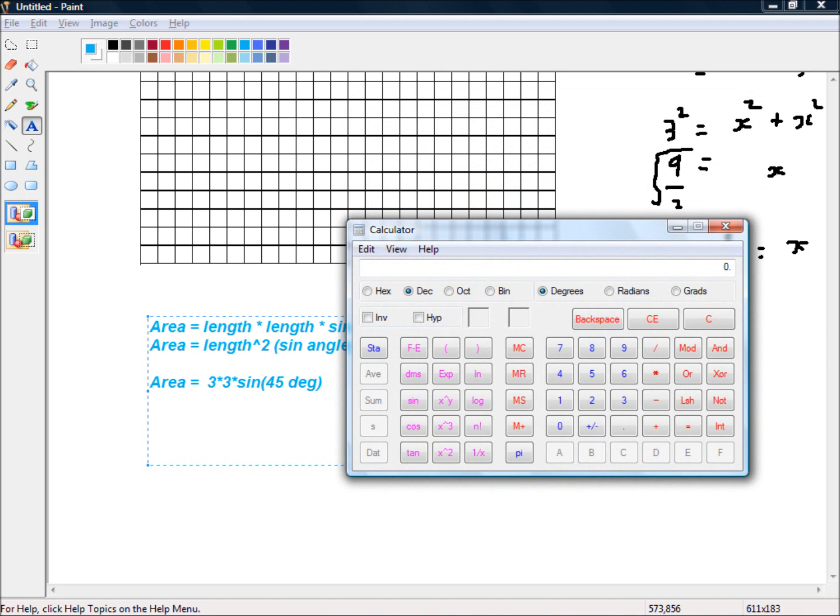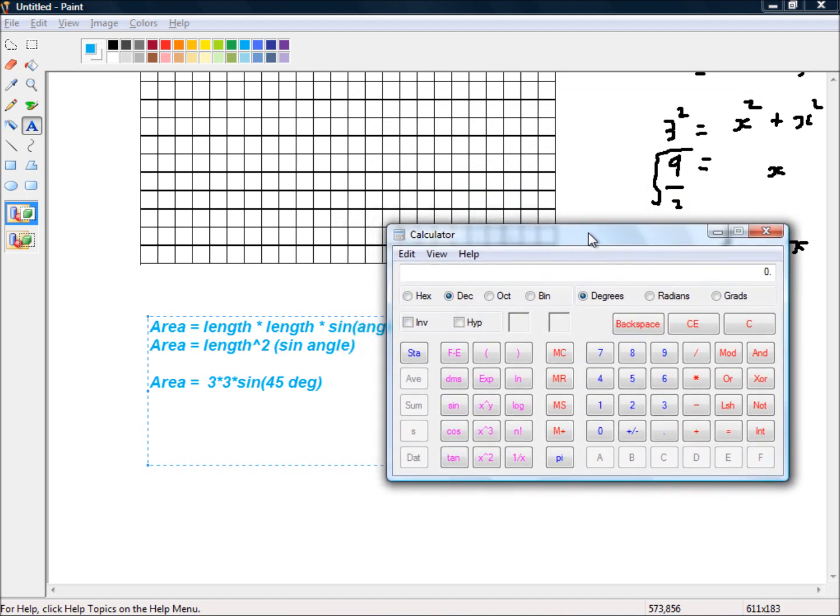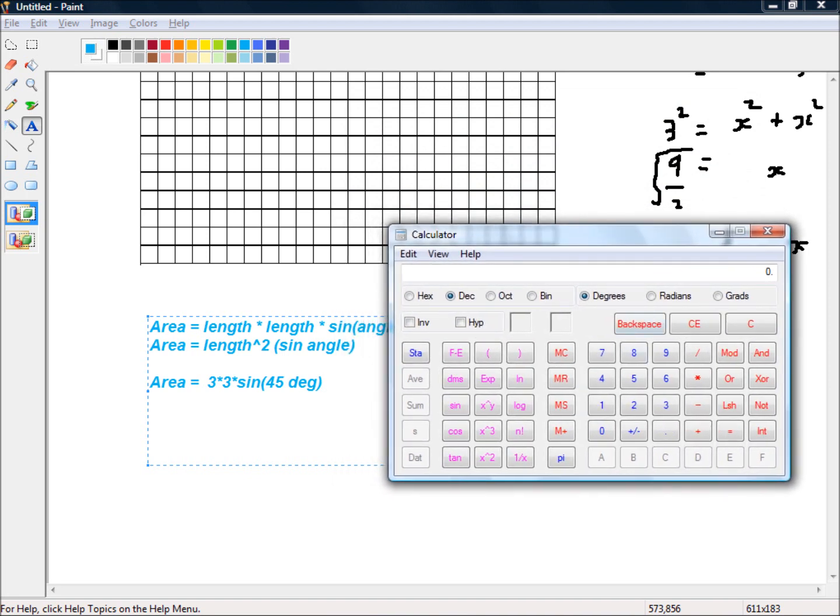Alright, so we calculated that was just around about 6 square units plus change. So let's get the exact answer. So that's 3. Oh, I'll just make sure that my calculator's in degrees, which it is. So it's 3 times 3 times 45 degrees sine, which is 0.707, which is equal to 6.36 square units.